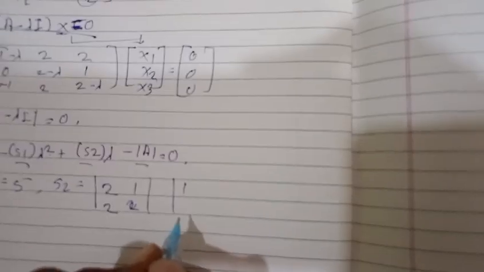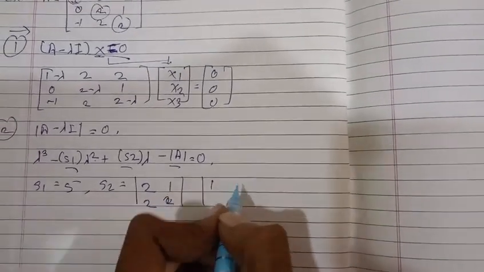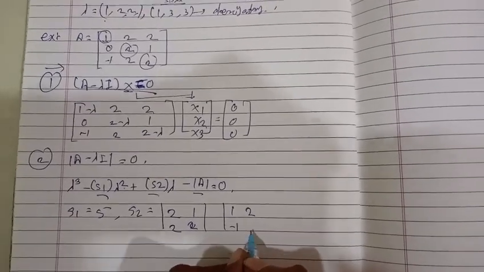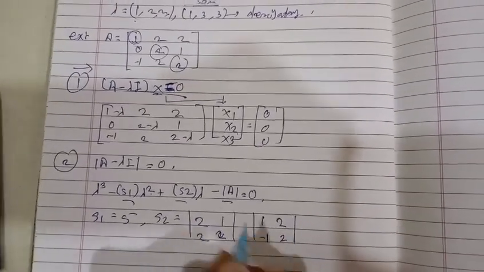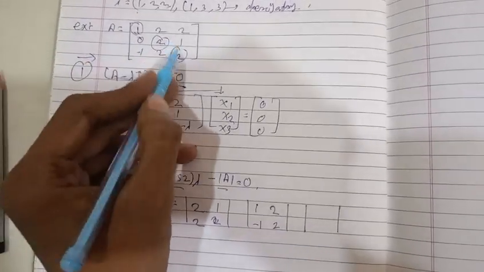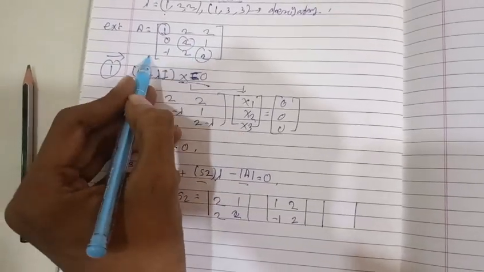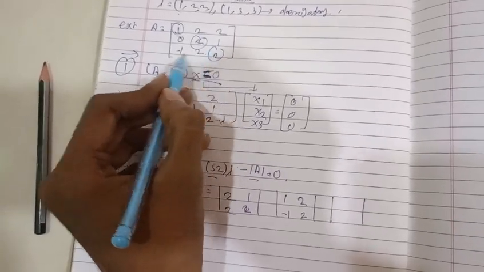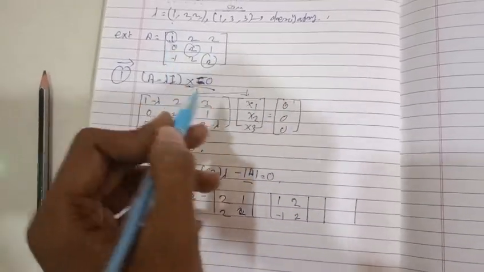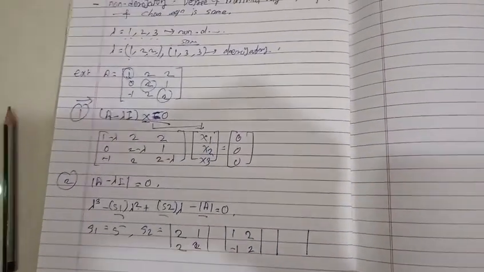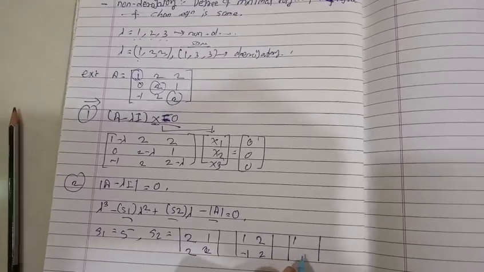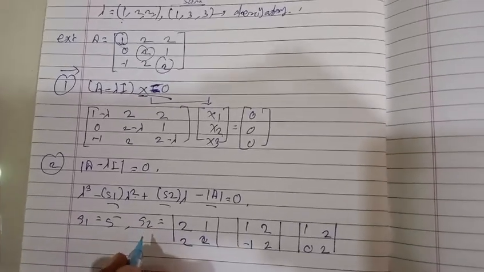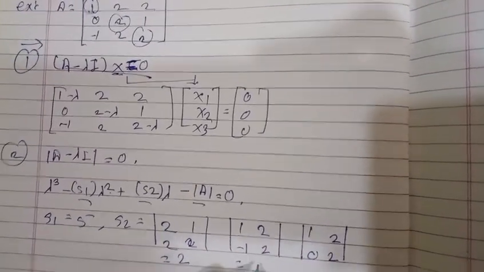Sorry, I did not manage the camera properly, but continuing: 1 2 minus 1 and 2. Go to the next, the third element, first row and first column, and first row continuing: 0, meaning 1 1 2, 0 2. Put in your values: the first value is 2, equal to 4.